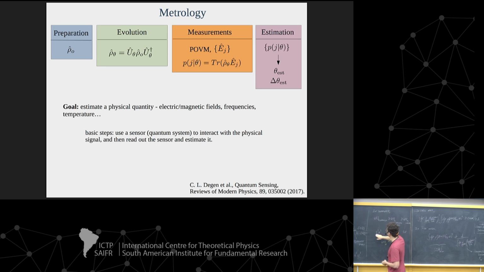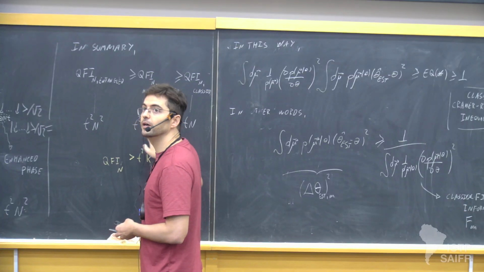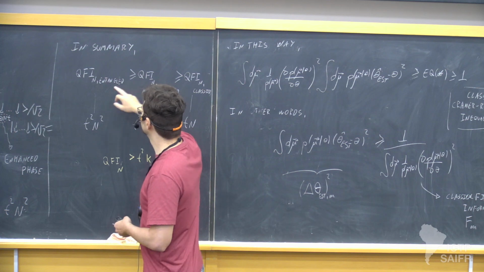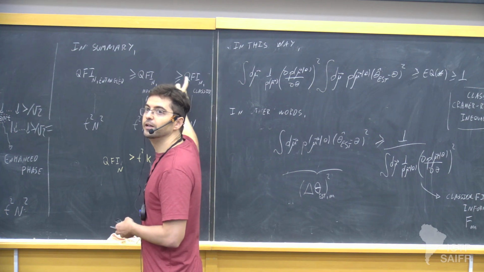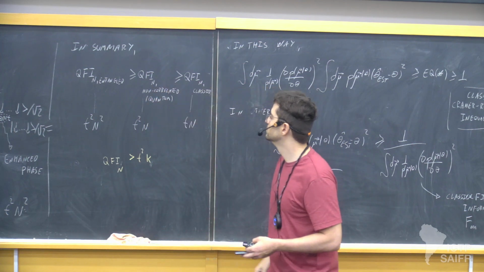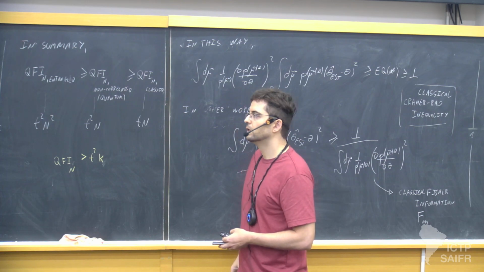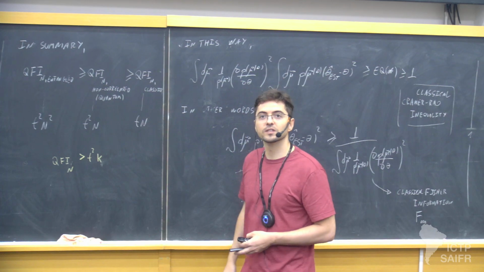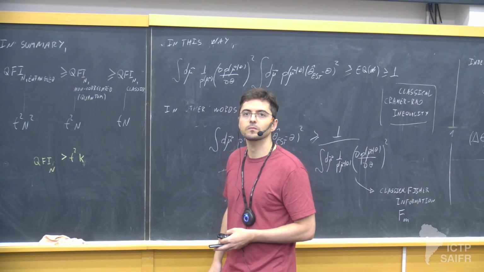So here is t square n square. Here is t square n linear. So here is entangled. Here quantum but not entangled. And here just classical. Yeah, if you have a closed system, yes.